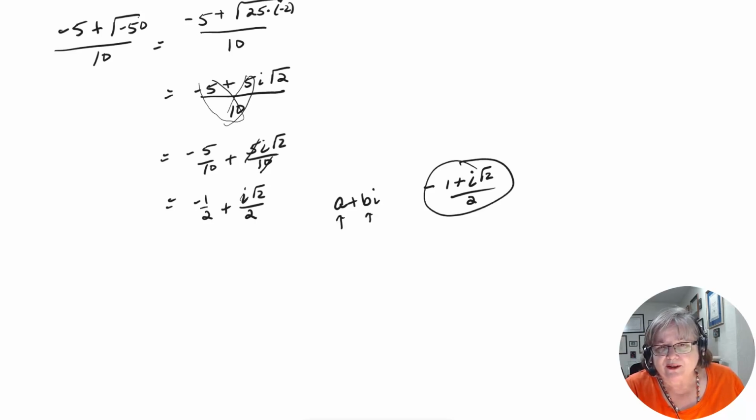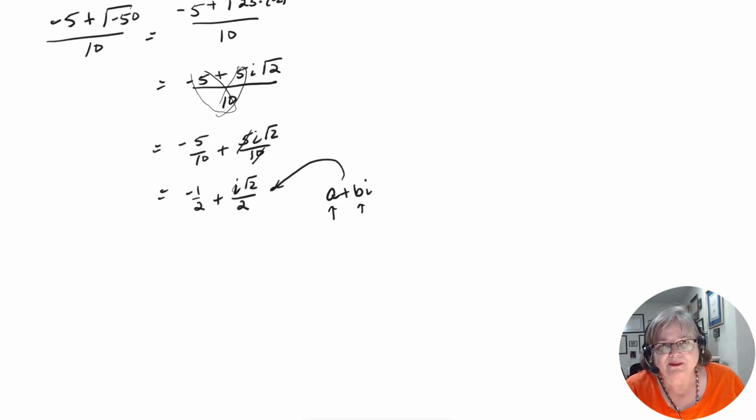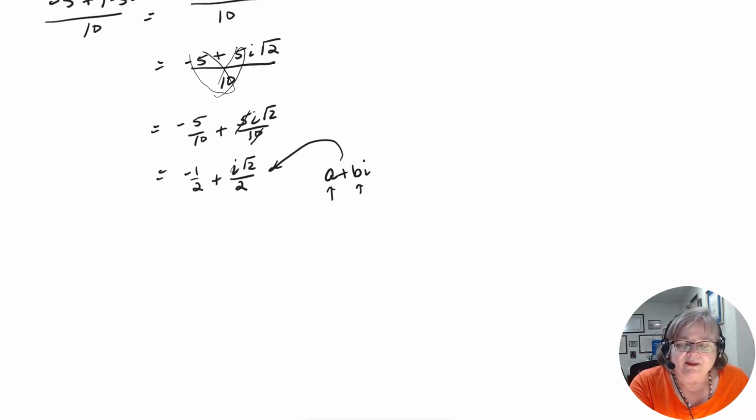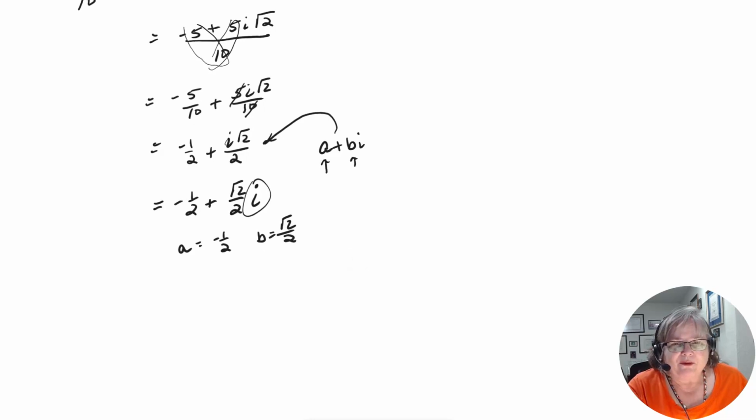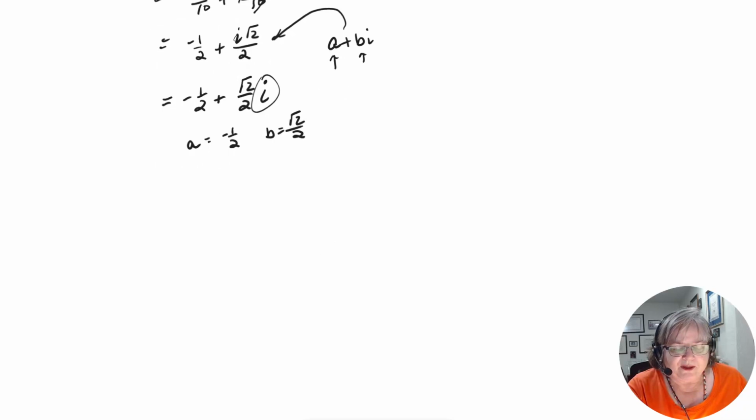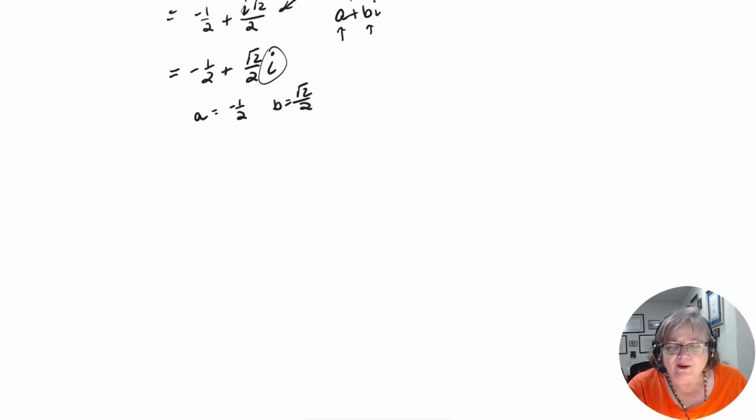It's a single fraction. So a plus bi form says, I want you to split it up like this, something plus or minus something else. And if it truly wants that form, most likely the i is out here, so that a is negative 1/2 and b is the square root of 2 over 2. So this i is just hanging around right there. Now, only you know what your teacher wants and what you've been presented and how they demonstrate it. So be sure that you replicate whatever it is that they showed you.